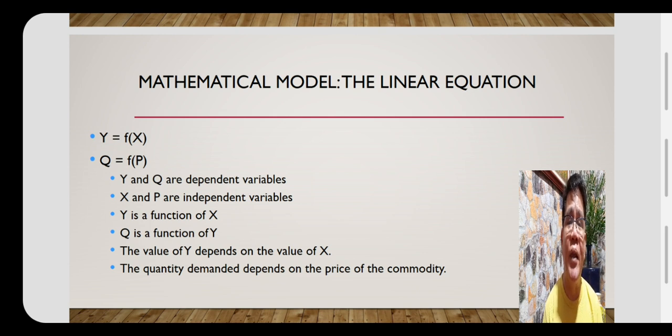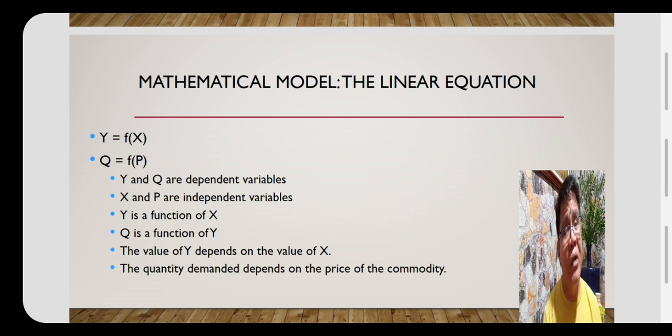So that is to say, quantity is a function of price. Quantity demanded depends on the price of the commodity in the market. Or quantity supplied also depends on the price of the commodity in the market.